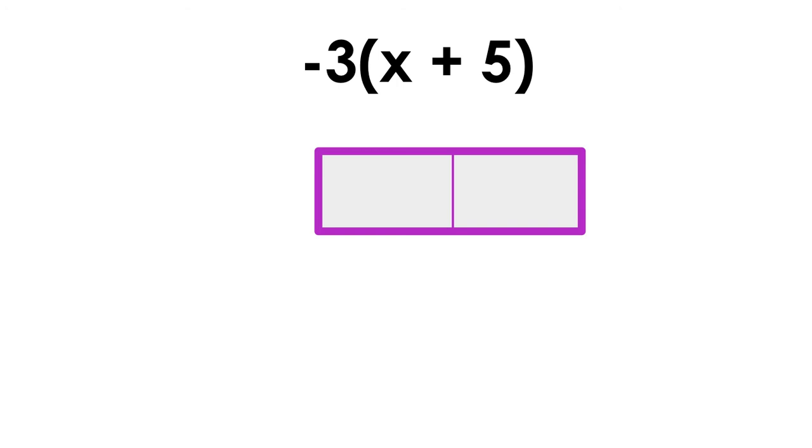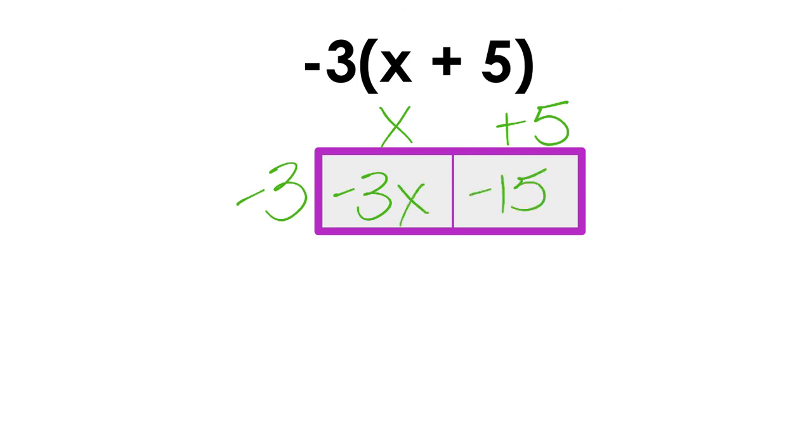So let me label -3 here, and then x plus 5. -3 times x, -3x. -3 times a positive 5. Very good. So we have -3x minus 15.